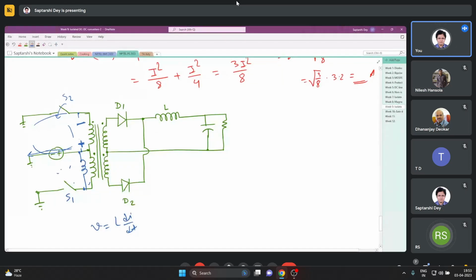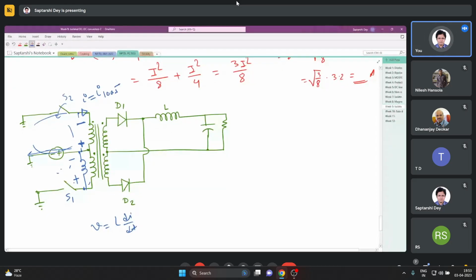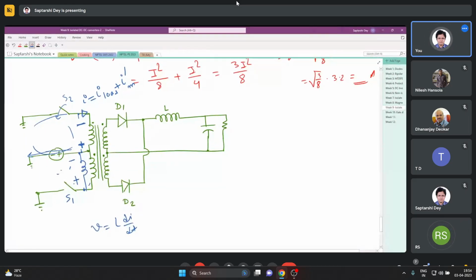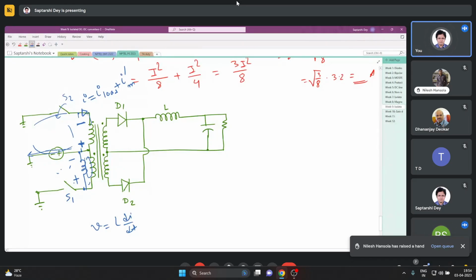So this means negative at dot, so it will induce a voltage here also like this. And you see, what is happening, when you close S2, this current I has two components. One is the load component, other one is the reflected magnetizing current component. So the magnetizing current is flowing here, which is storing the energy. S2 is closed, and that being reflected is flowing through this winding. In this way also we can explain it in the next cycle.